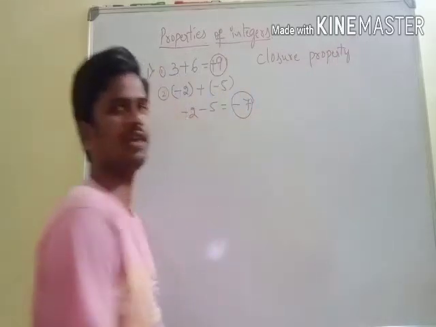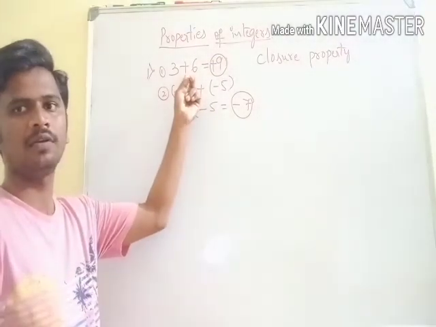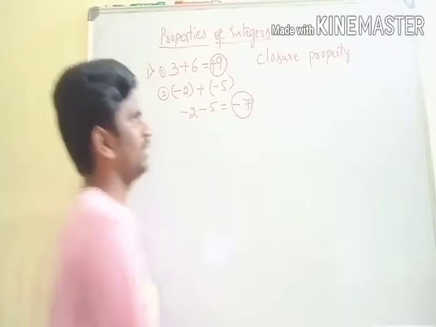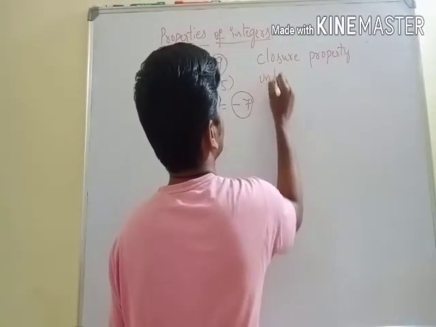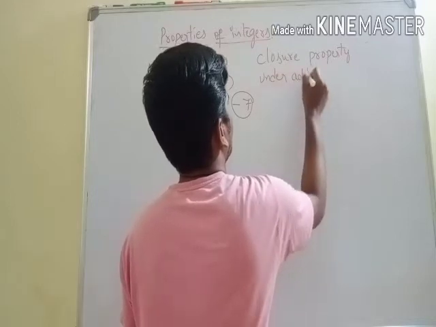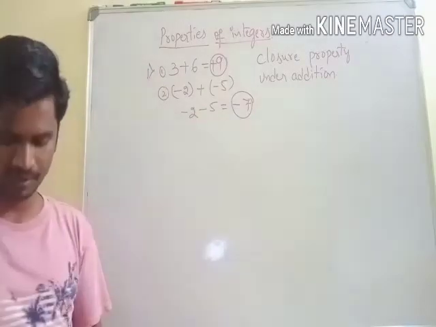On which operation did we do this? Under the addition of two integers. That's why this is closure property under addition.